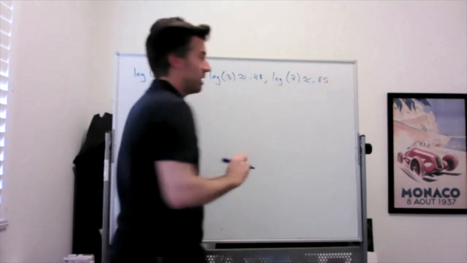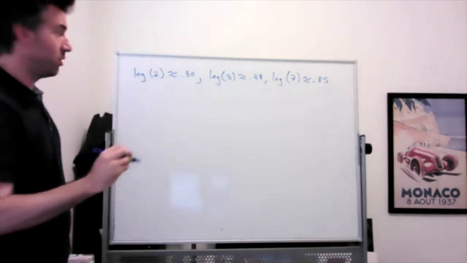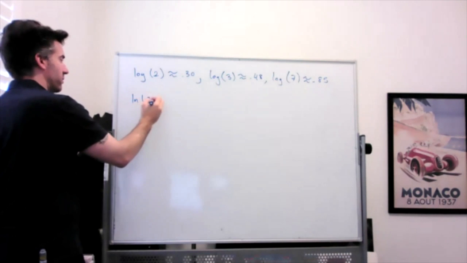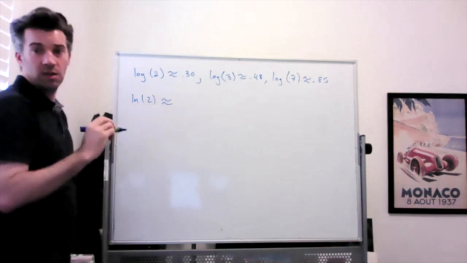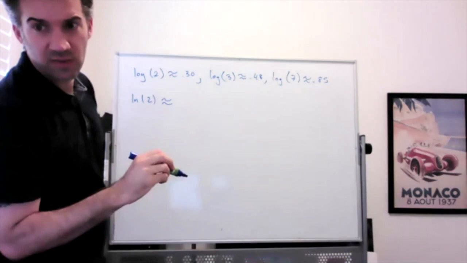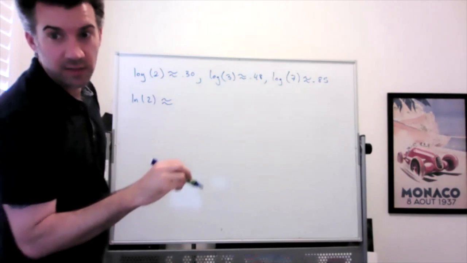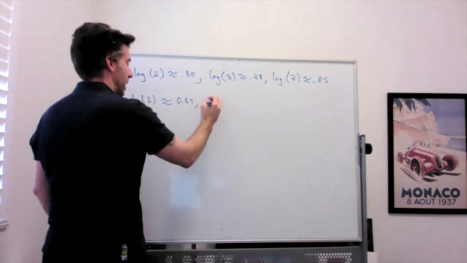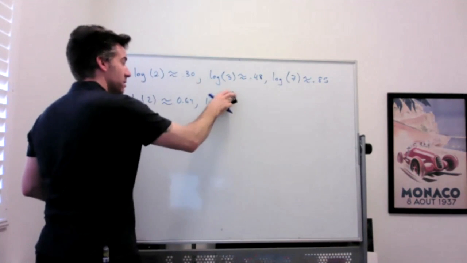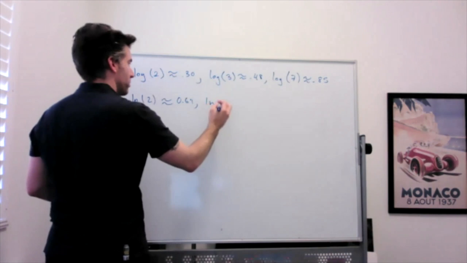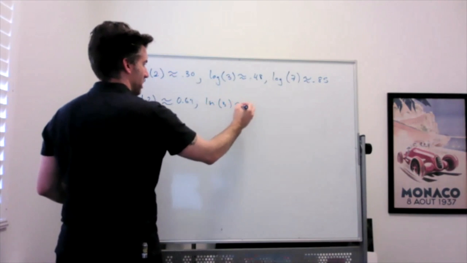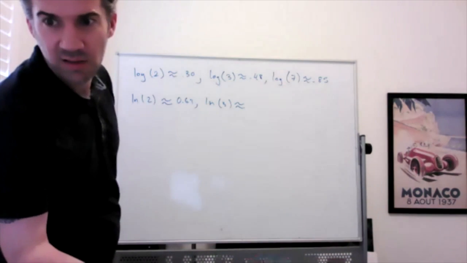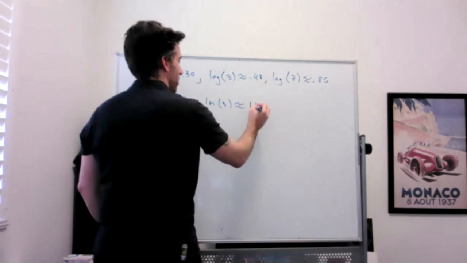And then they give us the same approximations for the natural log. The natural log of 2 is approximately, I should know these ones, 0.69. And natural log, which is log base e, natural log of 3 is approximately 1.10.